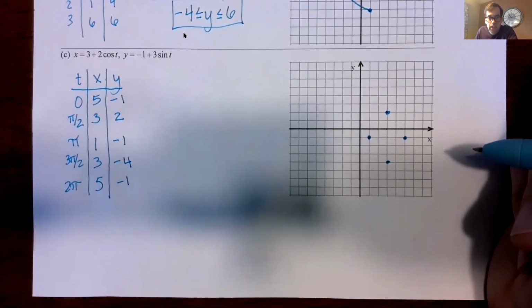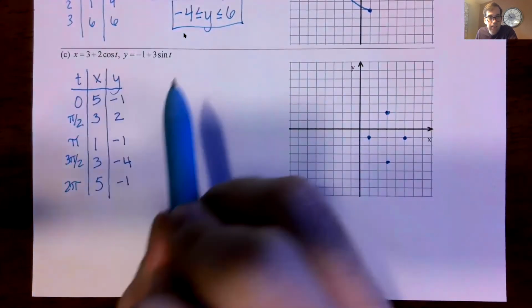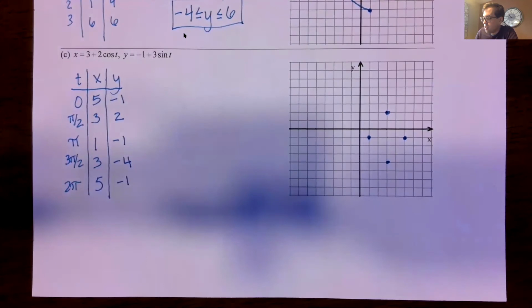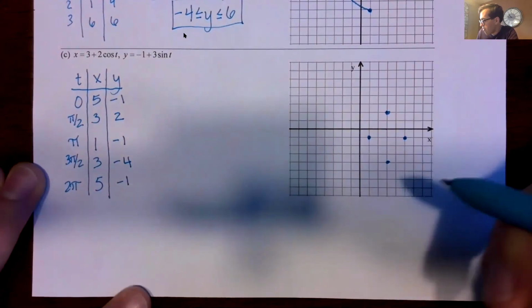So the question is, how do we connect the dots? And the hint here is that, remember, sine and cosine come from a circular origin, right? They're representing the unit circle, or at least that's how we can evaluate them.